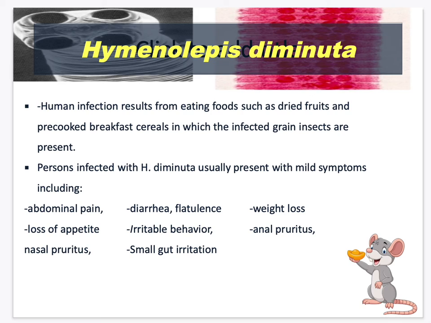Persons infected with H. diminuta usually present with mild symptoms including abdominal pain, loss of appetite, nasal pruritus, diarrhea, flatulence, irritable behavior, small gut irritation, weight loss, anal pruritus.